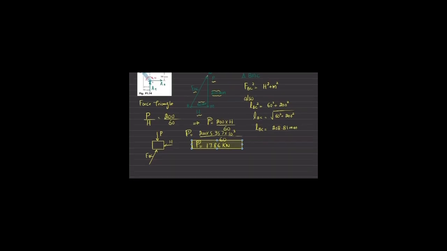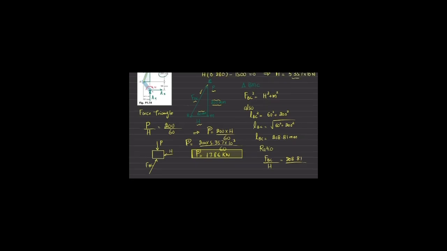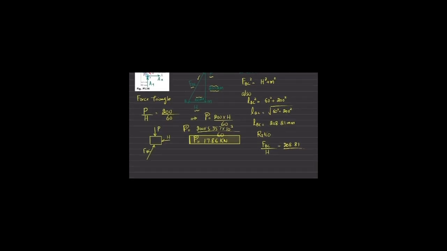Now what we will do is that if you take the ratio FBC over H, so definitely this length is known and this length is 208.81 divided by H, which is calculated as 5.357 into 10 raised to power 3.